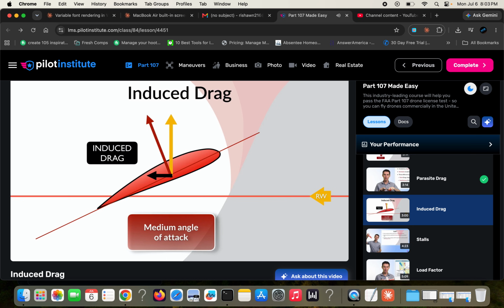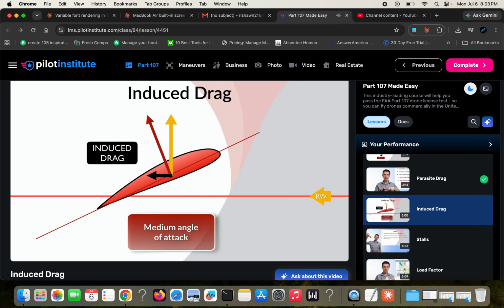As the gross weight is reduced, the amount of lift necessary would be less. It's not really related to any of this. Answer B, the airplane is subjected to maneuvers other than straight and level flight. Remember, you're sitting at Disney in one of the rides, and then you go down, and then all of a sudden you get to the bottom and you go back up, and then you feel all that G-force right here. Well, that's what it's talking about here in B. So B would be the correct answer.